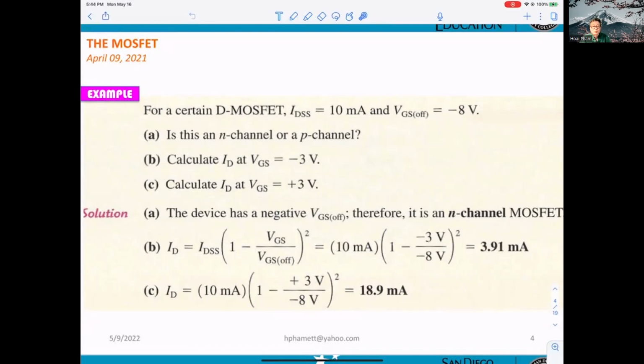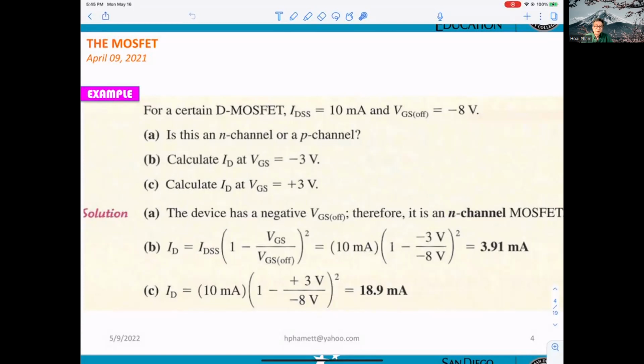Why? If VGS off is negative, that's N channel. If VGS off is positive, that's P channel.